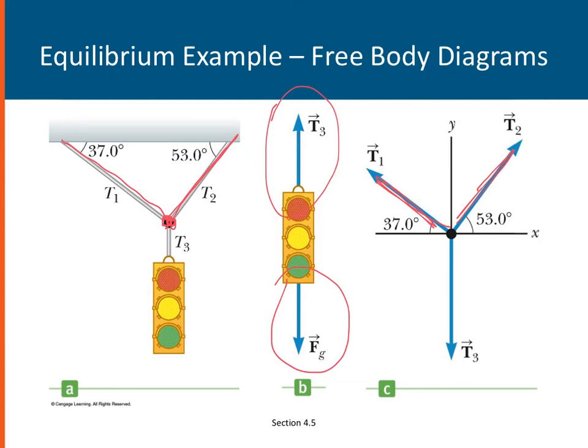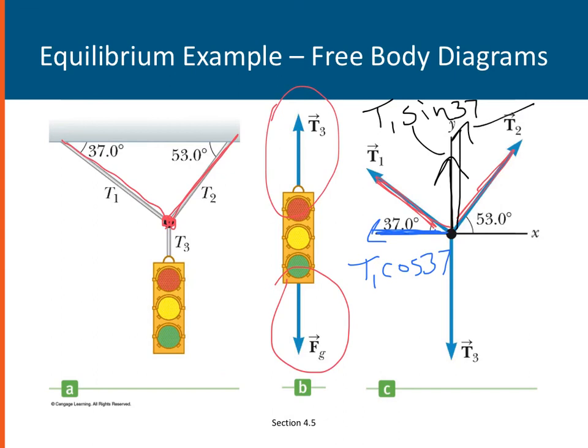To treat this problem properly, we would need to break these two tensions 1 and 2 up into their components, and so we would say that this x component is going to be T1 times cosine of 37, and then the y component here will be T1 times the sine of 37, and likewise we can look at T2 and split that up into the components of saying that this y component will be T2 times sine of 53, and then its x component will be T2 times cosine of 53.